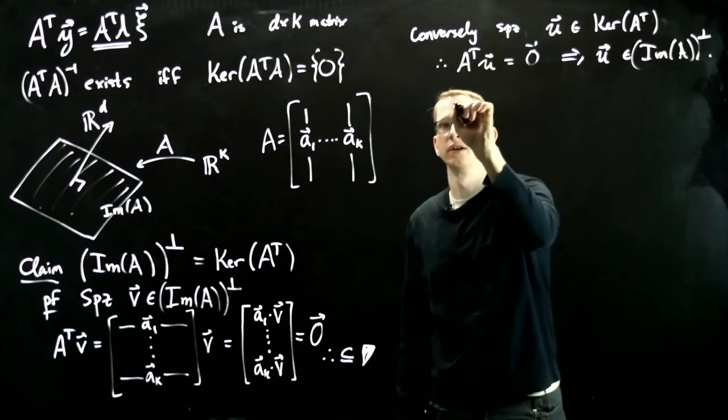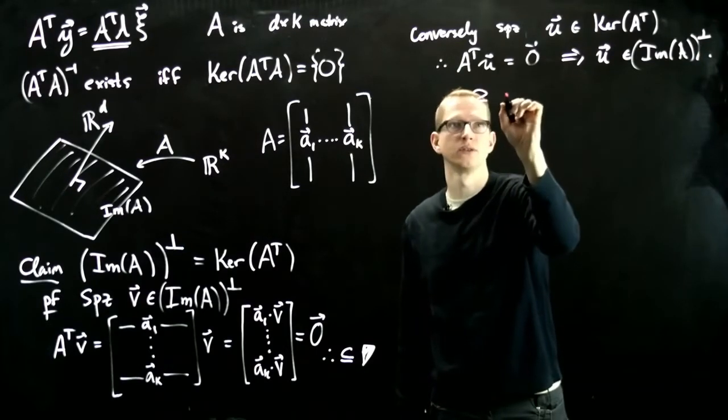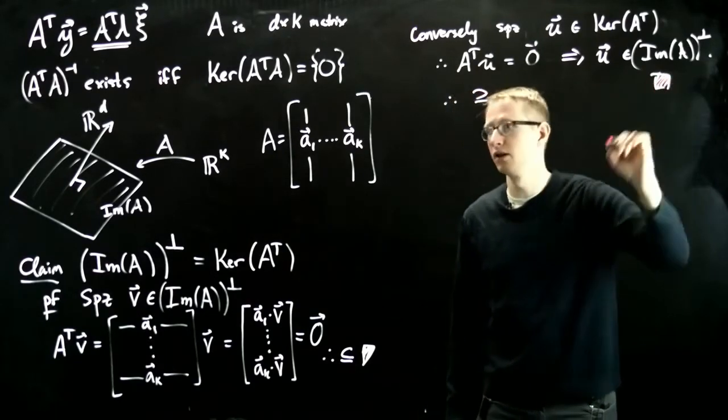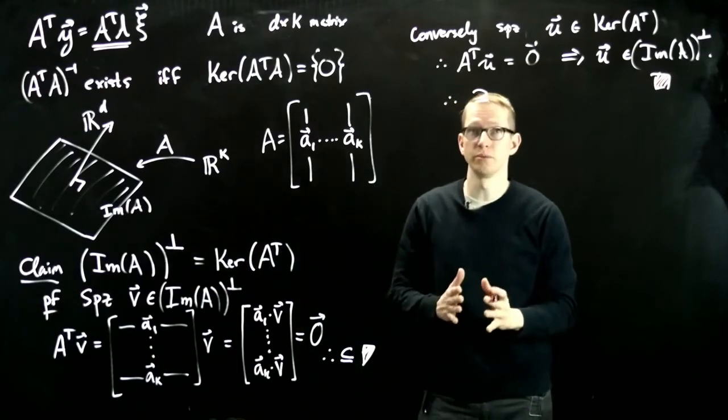And therefore, this containment holds. And that's the other half of the theorem. So that's the proof that the kernel of A transpose equals the orthogonal complement of the image of A.